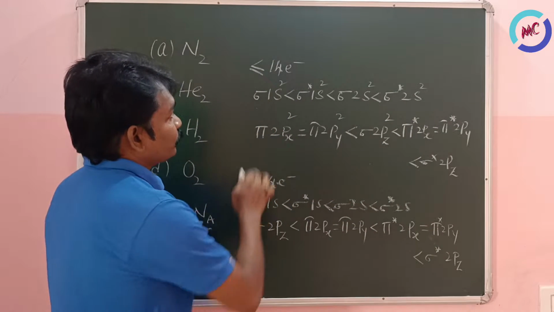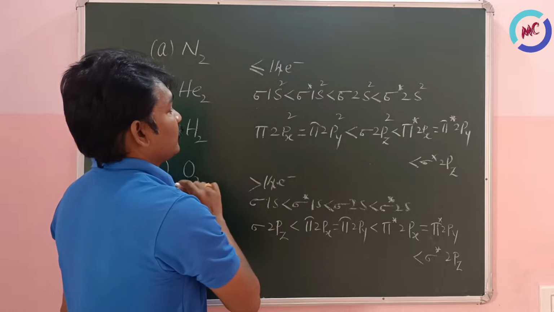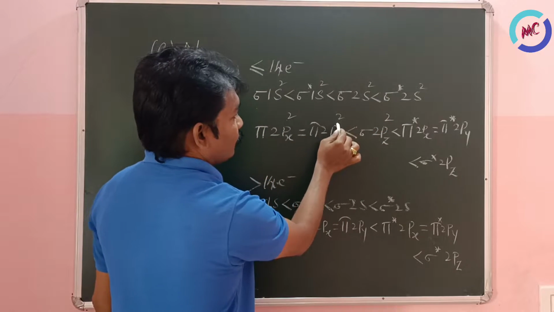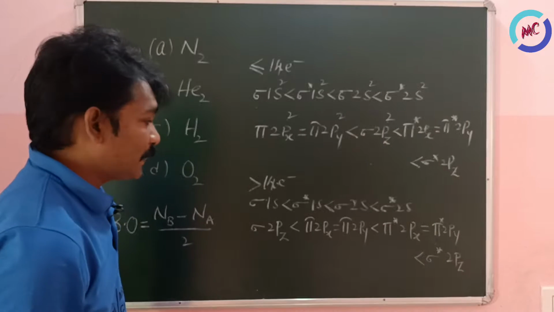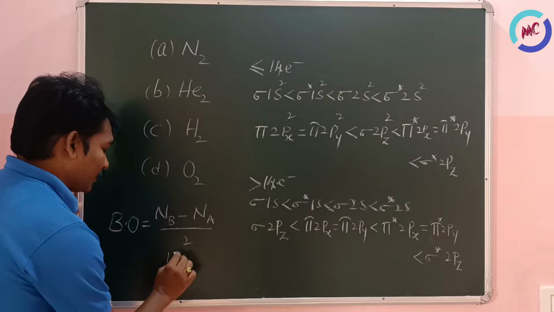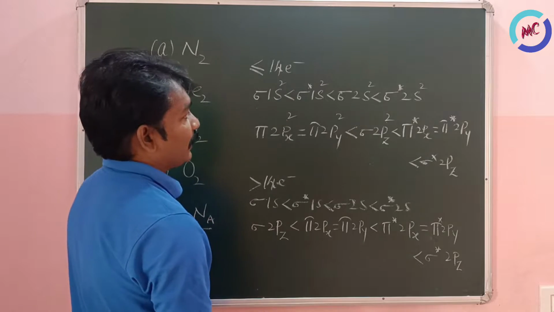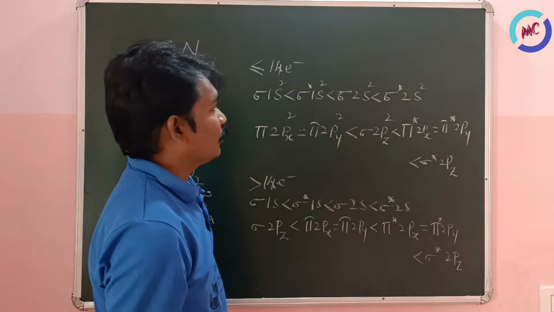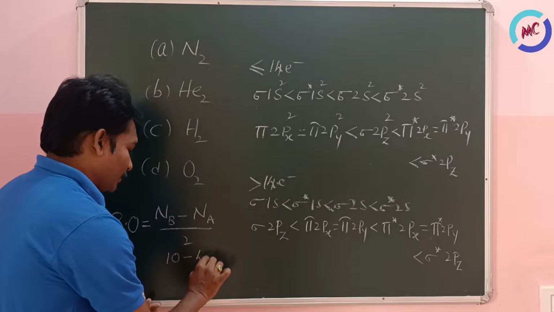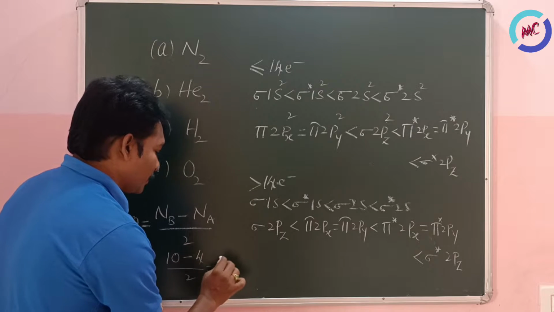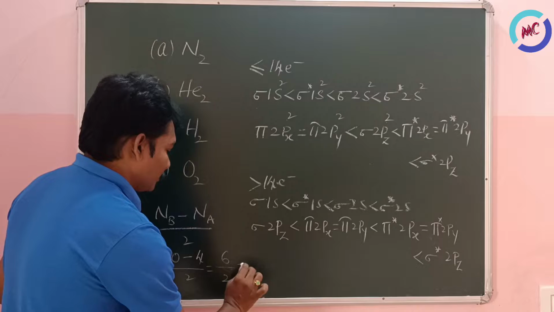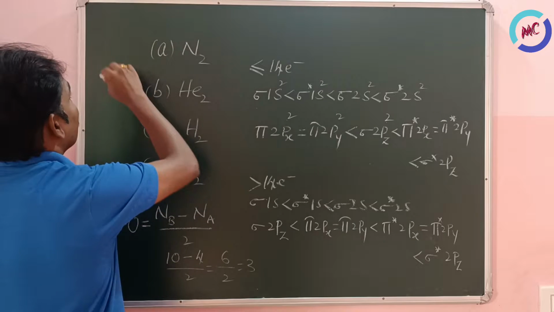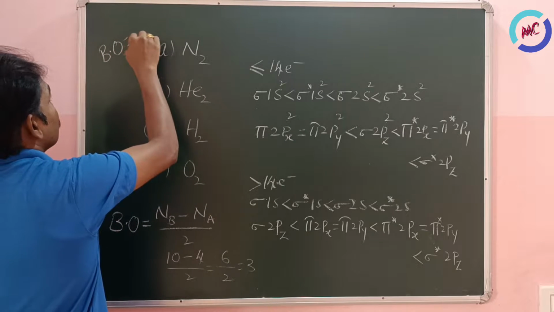How many bonding electrons are there? 1, 2, 3, 4, 5; 5 twos are 10. Therefore 10 minus the number of anti-bonding electrons, those with a star: 1, 2; 2 twos are 4. So 10 minus 4 is 6, by 2, that is equal to 3. Therefore the bond order of nitrogen is 3.